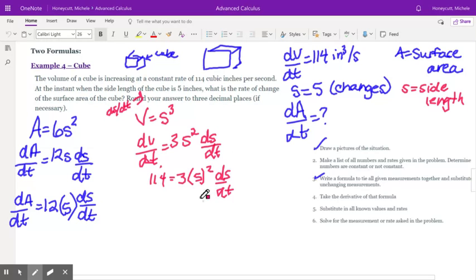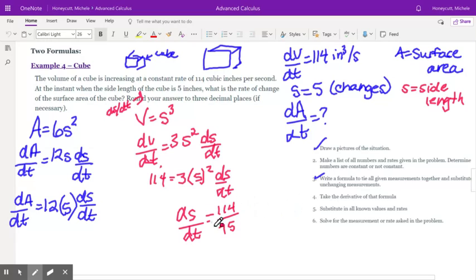So take that and solve for ds/dt, and we get 114 over 75. And again, don't round at this point in the problem, because if you do, it'll throw off the accuracy of your overall answer.